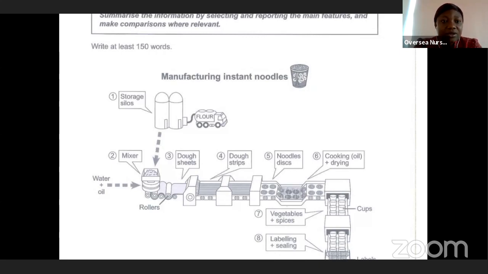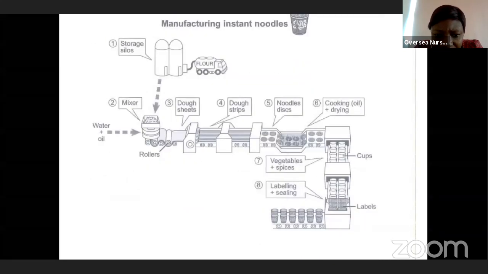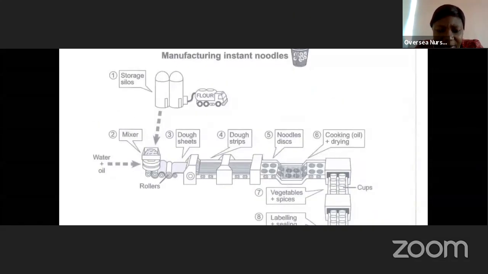So let's count how many stages are here. They have done the counting for us: 1, 2, 3, 4, 5, 6, 7, 8. Is that all? Yes, and then the labels, that's fine.